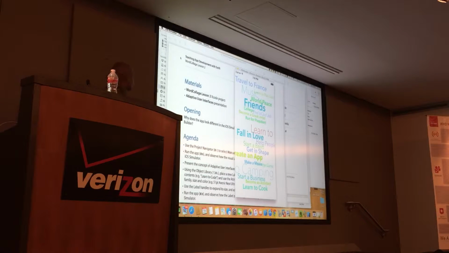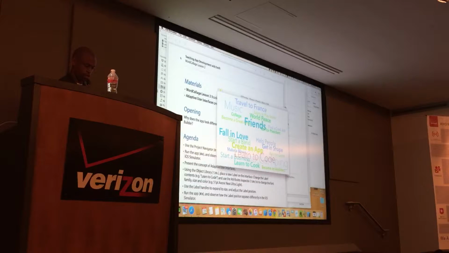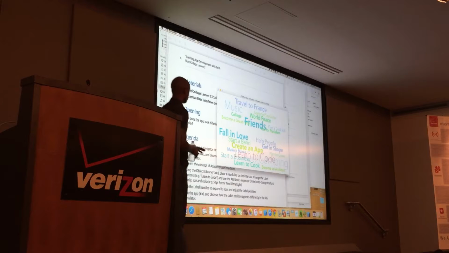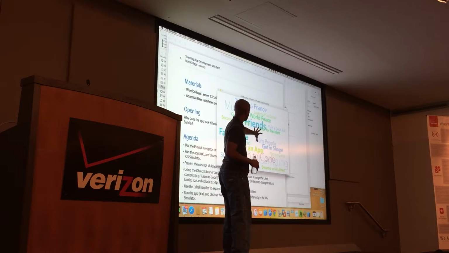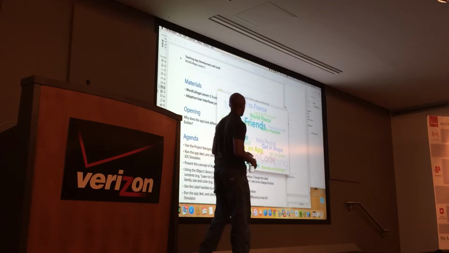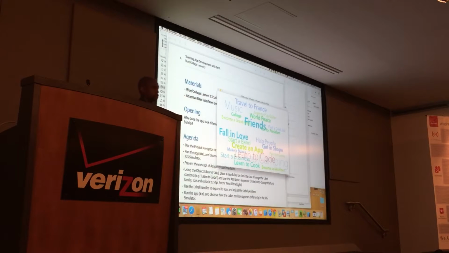And as you see, it gets chopped right off. If we rotate it though, it does show up. Learn to code. So in order for this learn to code to stay in the place that we want it to stay, we're going to have to add constraints.